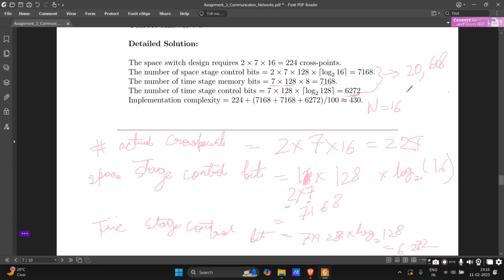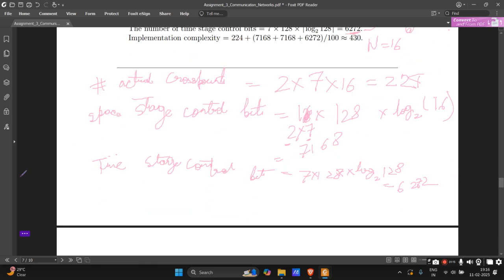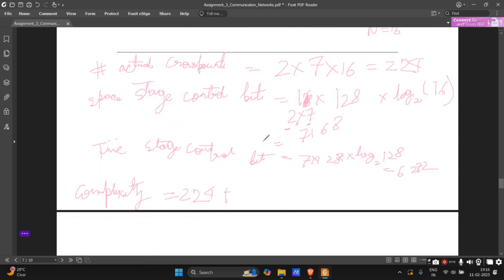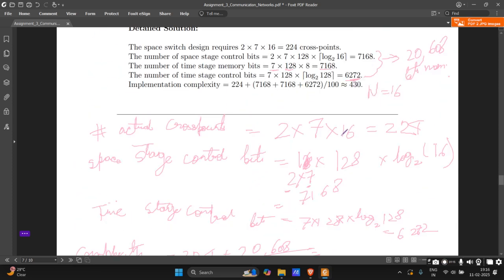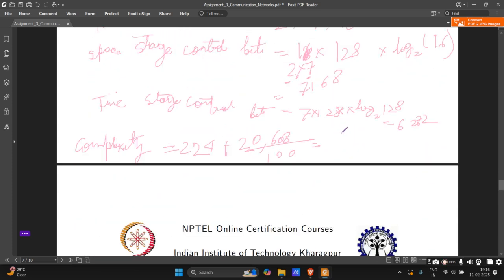If you need 20,608 bits of memory, what is the complexity? Complexity is simply number of cross points plus memory by 100. So number of cross points is 224, and memory is 20,608 bits, so you divide by 100. And finally you will get the implementation complexity to be 430.